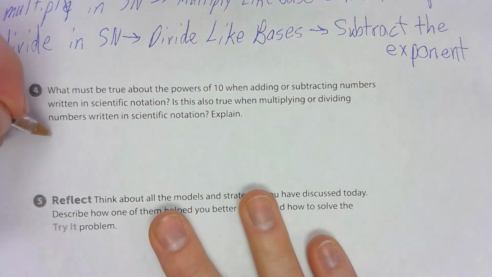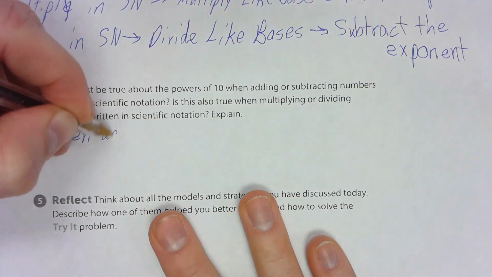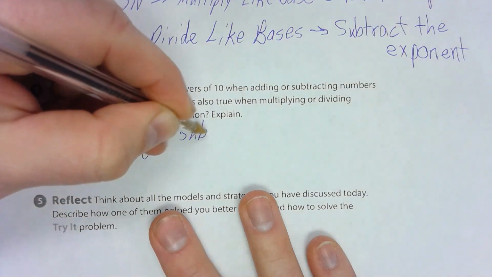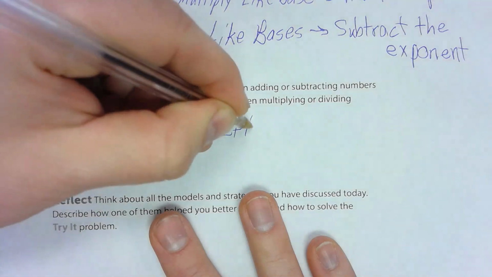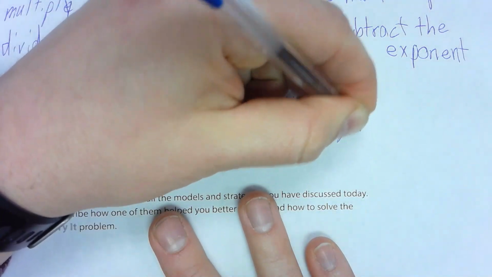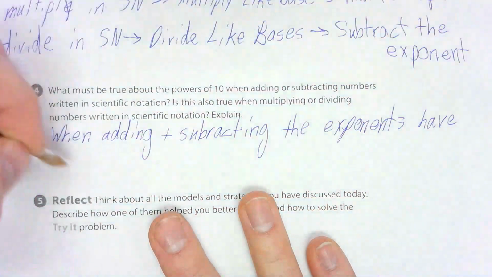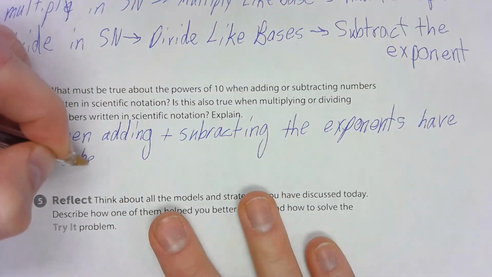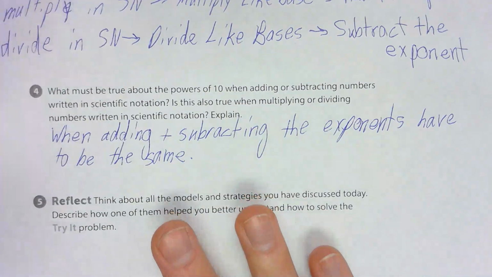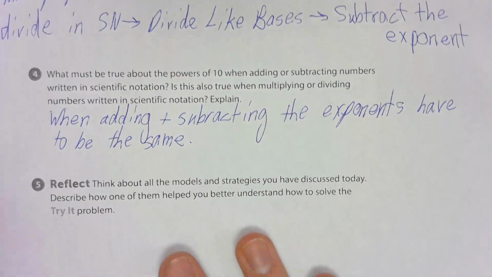We have to make sure when adding and subtracting, the exponents have to be the same, or we have to make them the same, or we're just going to write it in standard form. Is this true of multiplying and dividing?